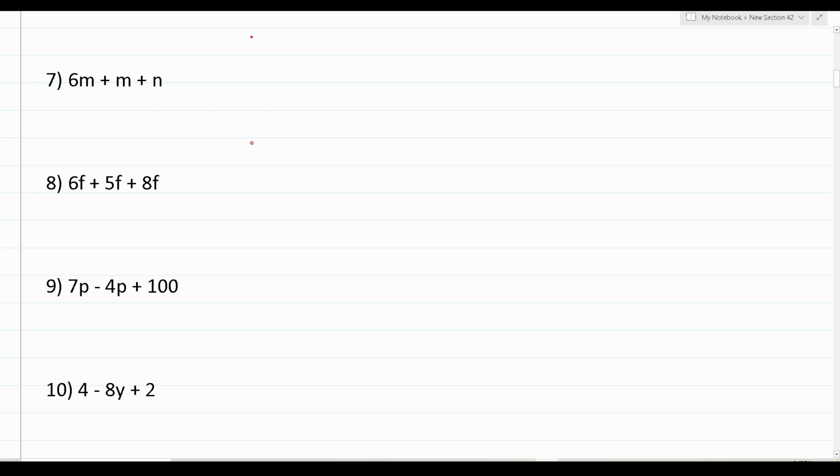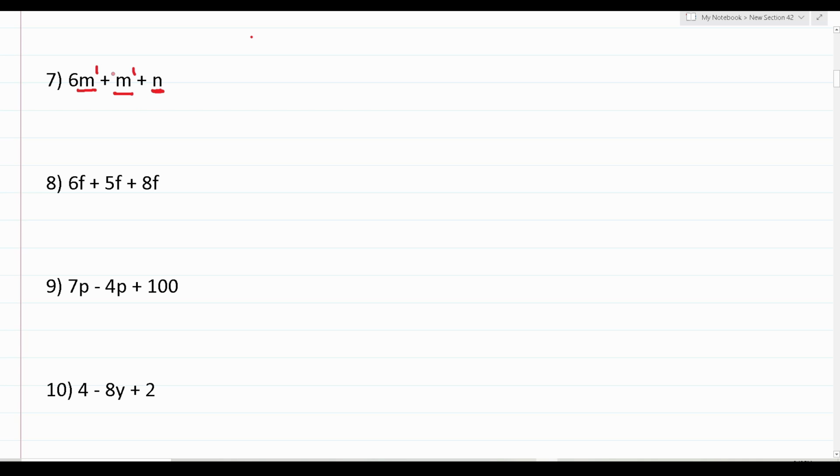All right, let's keep working these out. We have 6m plus m plus n. So again, according to the definition, they have to have the same letter variable as well as the same exponent in order for us to add like terms. So here we have the letter variable m. It's raised to the first power. We have the letter variable m raised to the first power. We have the letter variable n. So 6m and m are like terms, n is not.